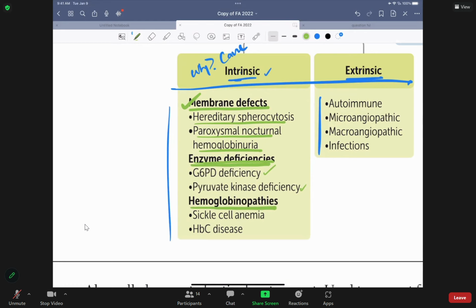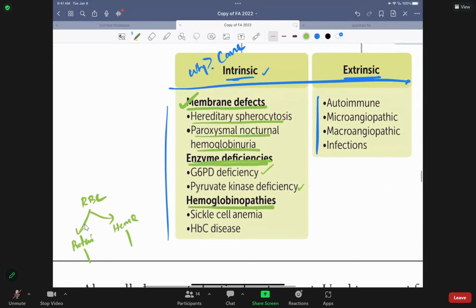Then the last one. A red blood cell is made up of two things. What are the two things? It's made up of a protein and heme. That's why we call it hemoglobin. Heme means iron, globin means protein. Is that clear, folks? So you could have a disease of the heme group or a disease of the protein.